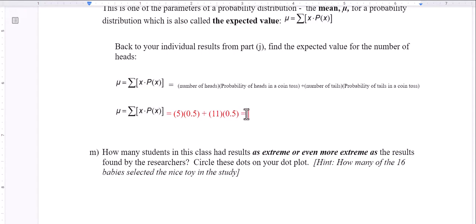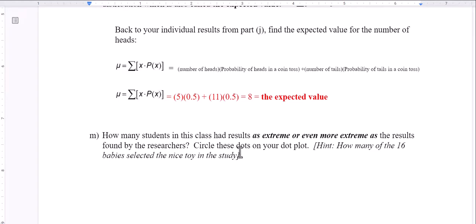And when I add these up, I'm going to get 8, which is what we had guessed or anticipated. So this is the expected value. Our 8 here is the expected value. And notice that makes sense because, not to be punny, but 8 is what we expected. So that's called the expected value.